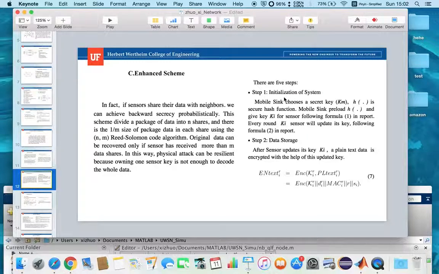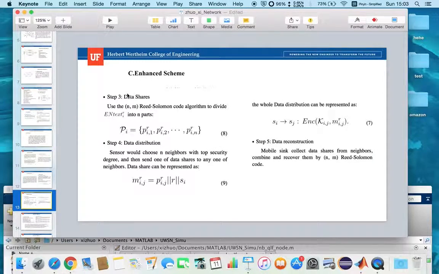The first is the initialization of the system, just like the naive scheme, and then data storage. After the sensor updates its key, the plaintext data is encrypted with the updated key like this, and then it shares the data this way.